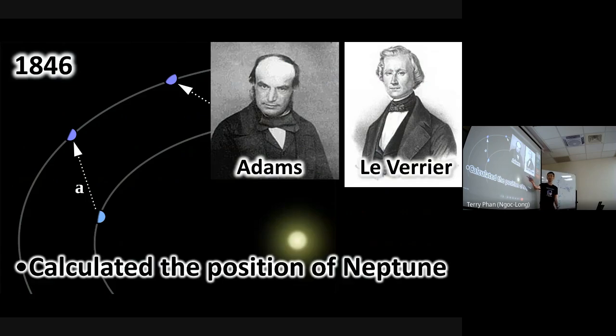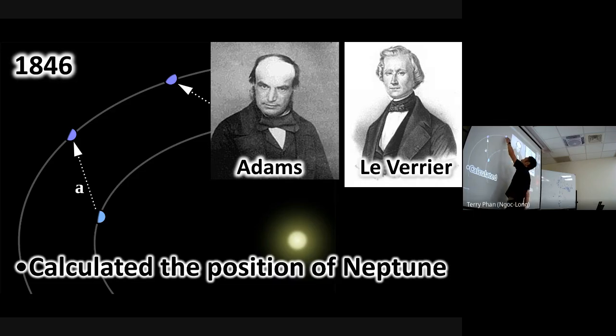Maybe you all know this story about the discovery of Neptune. So back in 1846, more than 80 years ago, these guys found that Uranus's velocity sometimes gets faster and sometimes gets slower. And then they speculated, okay, there might be another planet here, which now we call Neptune.